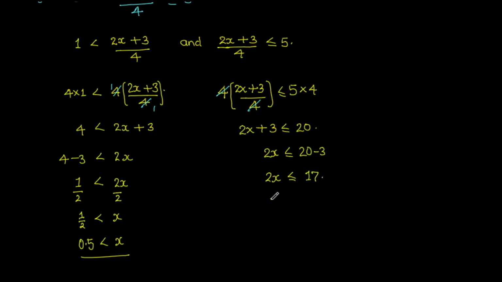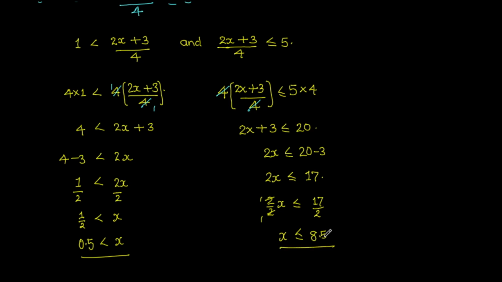Dividing both sides by 2, we have also 17 divided by 2. So the remaining thing here is x is less than or equals to 8.5. Since we've written the first one as a decimal, we also do the same here.